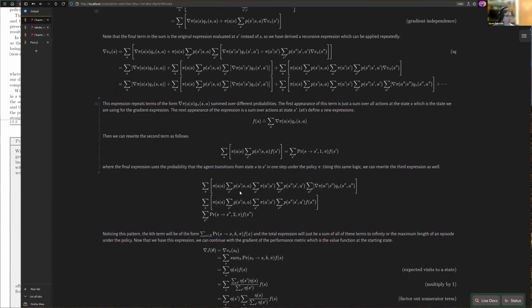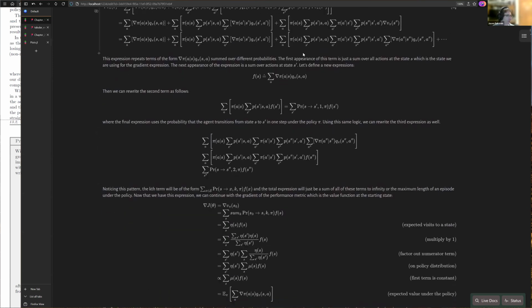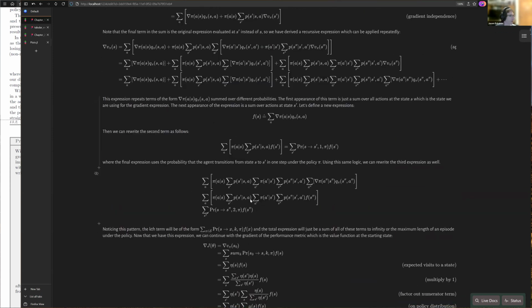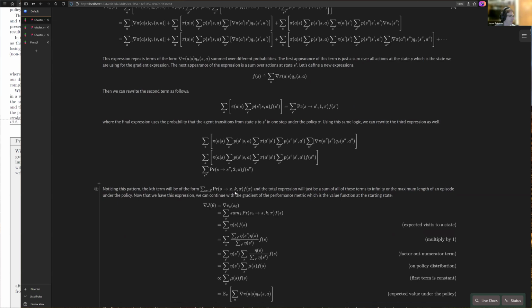And if we extend this process out, every term just looks like this. I didn't include the first term, but the first term is just this after 0 steps. And of course, the probability of that is just 1, and there's only 1 state we're actually in, which is this S, the state we started in. So if we keep extending this process, every term is just the sum over the states.